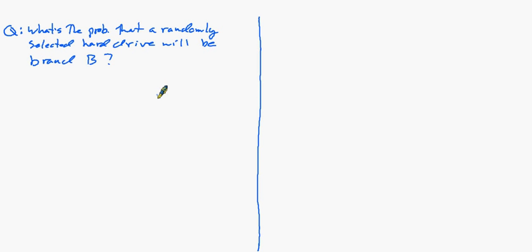Now, before we get into the answer, which is fairly straightforward, I want to draw some attention to the kind of question this is. This is a single event. We're drawing one hard drive. So there's one random event happening, that one draw. Not only is it a single event, it's the first event.